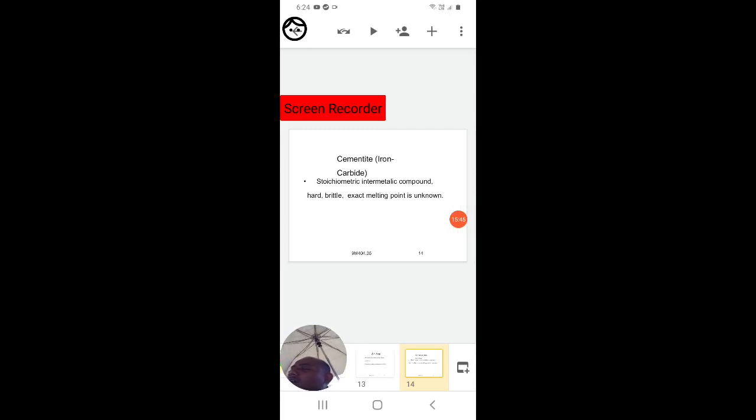We have already discussed the iron carbon equilibrium diagram. Carbon content up to 2% is called steel.